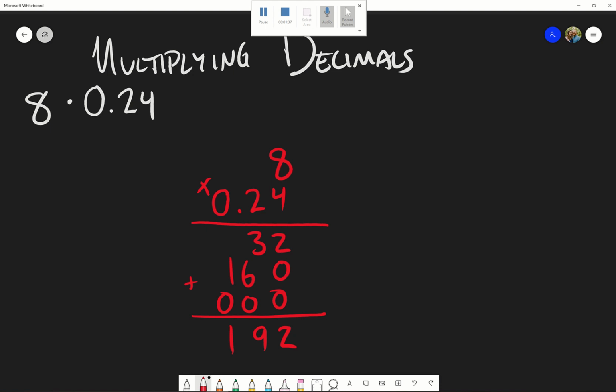Now that I have gotten this far, I'm going to look back at my multiplication problem and ask, how many times can I take the decimals out of these numbers? How many times can I take the decimals all the way to the left of these numbers?